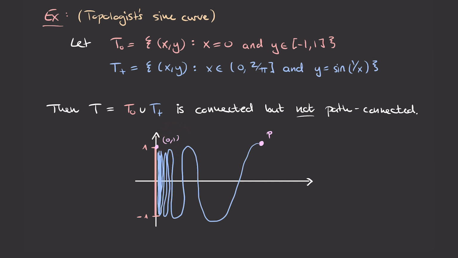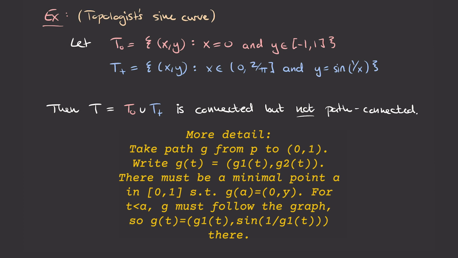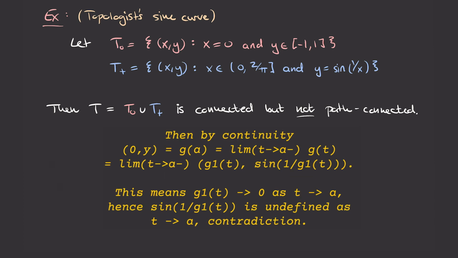Or another way of saying this is that the limit of this function as x goes to 0 is not defined, but on the other hand, it somehow has to be (0, 1) if we want such a path. So this whole argument was very sketchy and maybe not entirely precise, but it contains the main idea about how you would go about proving this.